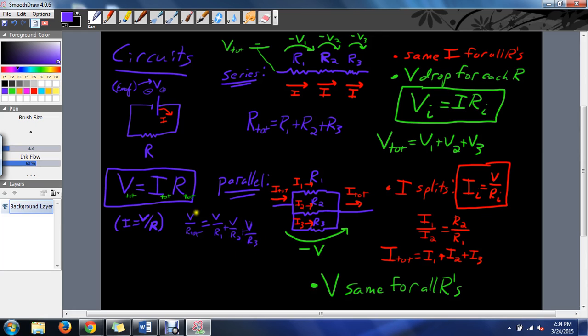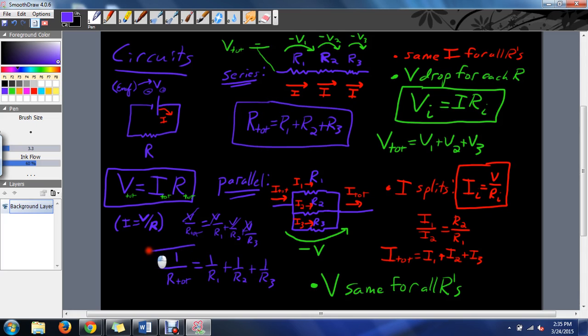So notice how the V's all cancel, and we get that the inverse of the total resistance is the sum of the inverses of the resistors. So this is how you combine resistances in series. Here's how you combine them in parallel.